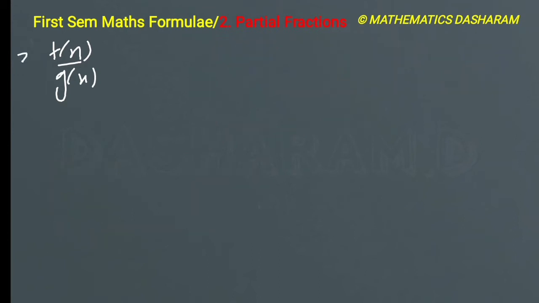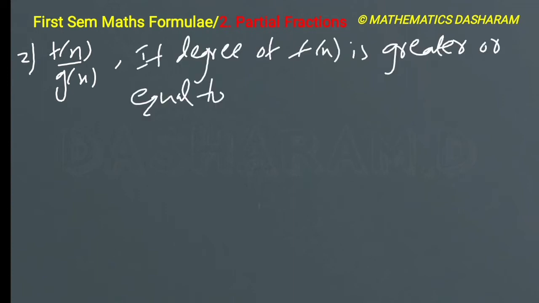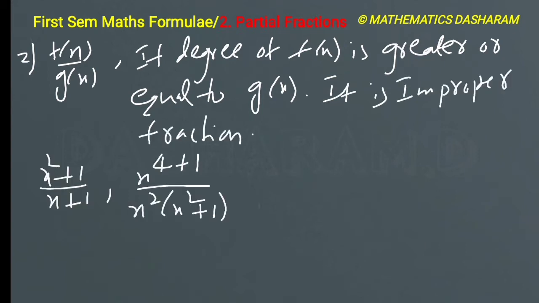Next, the second one: in a fraction f of x by g of x, if the degree of f of x is greater than or equal to the degree of g of x, then it is called an improper fraction. For example, here the numerator degree is 2, the denominator degree is 1, so the numerator degree is greater than the denominator, so it is an improper fraction.